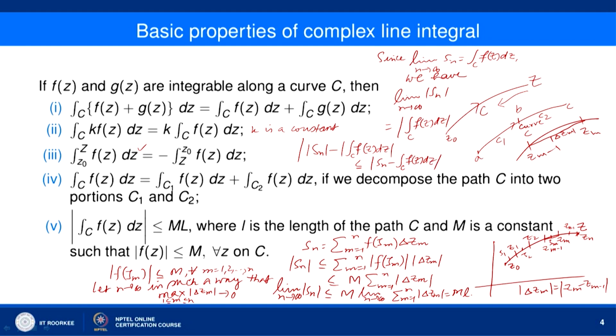So, when Sn tends to the integral over C f(z) dz, mod of Sn tends to mod of the integral over C f(z) dz.